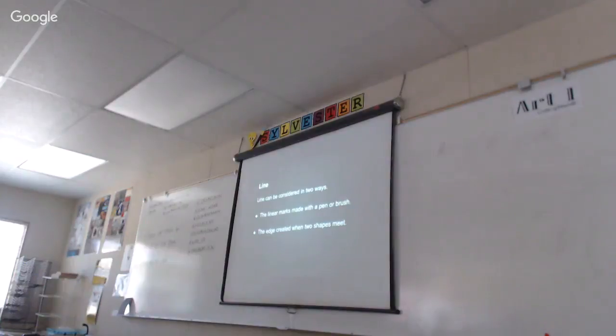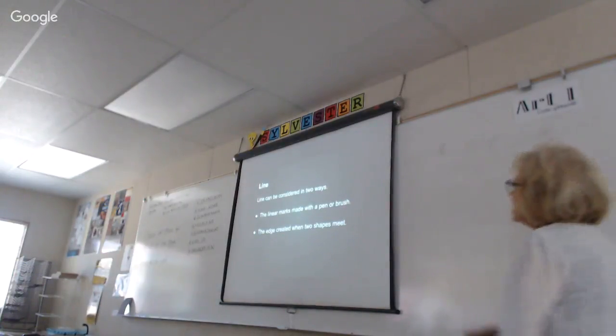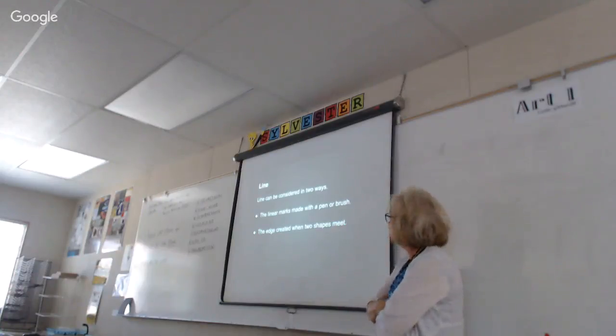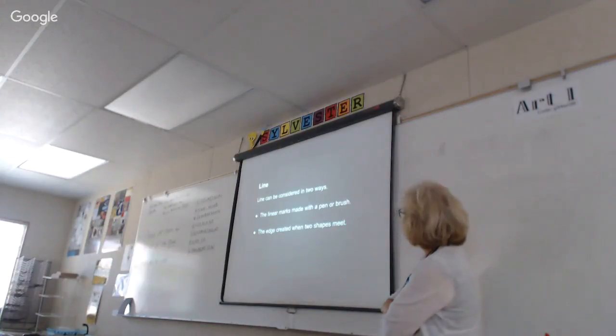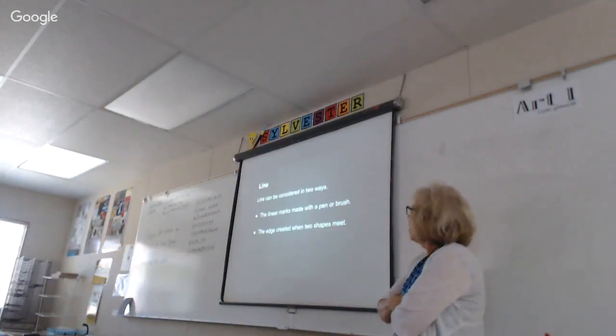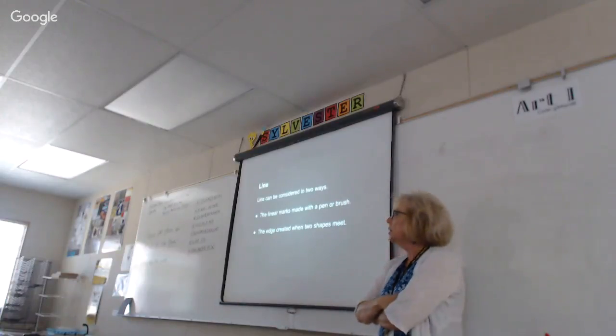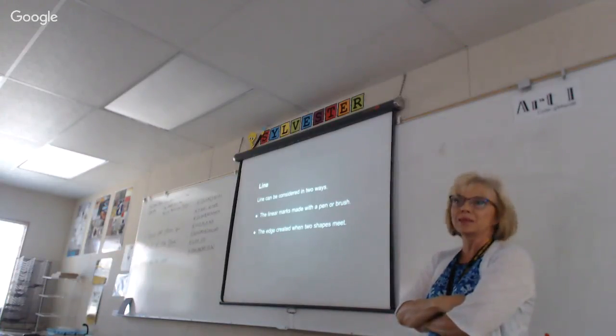Okay, so line. Line can be considered in two ways: a linear mark made by a pen or a brush, or the edge created where two shapes meet. The third thing that I want you to think about is that in the three-dimensional world, lines do not exist.